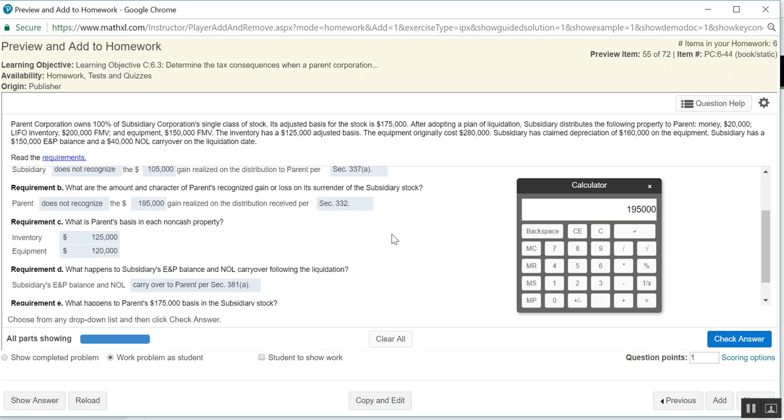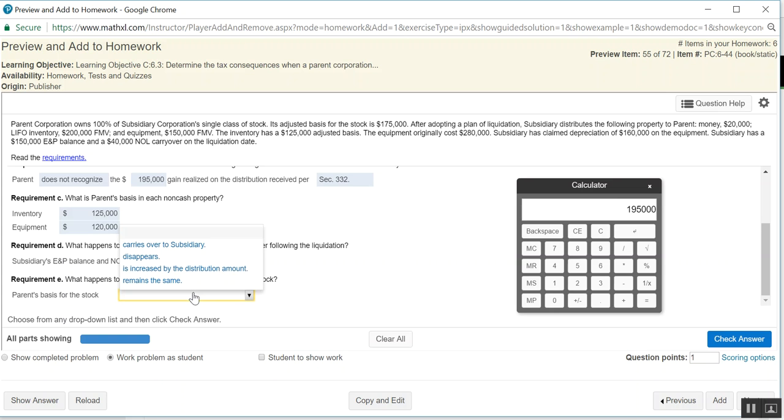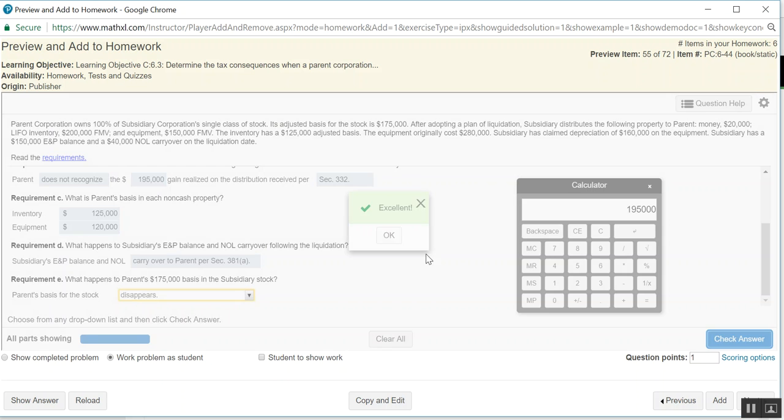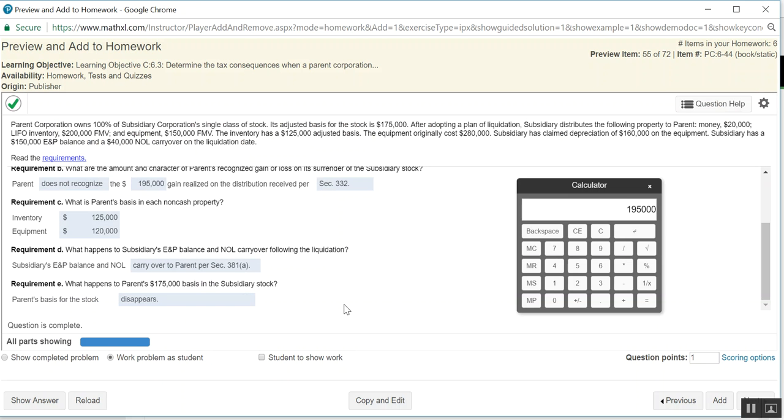All of the attributes carry over. And then what happens to P's basis for the stock in S? Well, S isn't around anymore, and now P just owns all of the property that S owned, so the stock actually goes poof, it disappears. Okay, so I hope that helped you, and I'll talk to you soon.